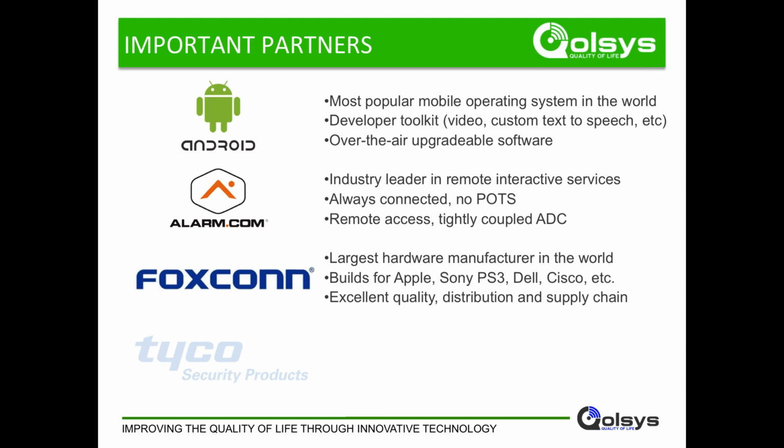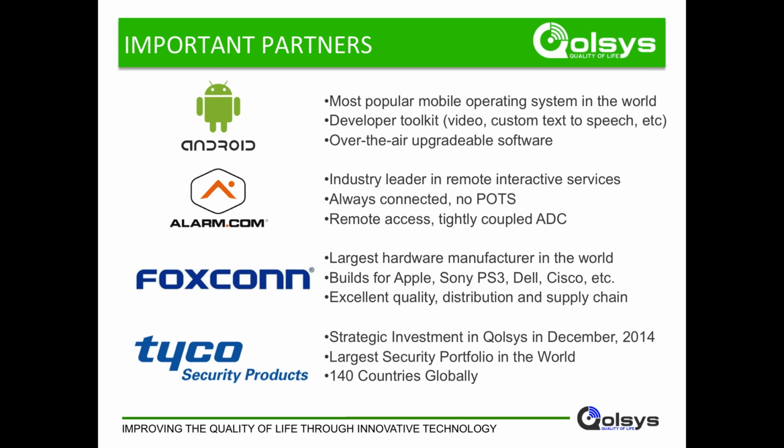And they are known for excellent vertical integration, excellent quality, supply chain, distribution of components, products, things like that. And through some special relationships that our founders had from some of their previous ventures with Foxconn, we're able to actually manufacture our panel in their facility, which brings a lot to the table. And you'll see that in the product as you touch and feel it. It's made very, very well.